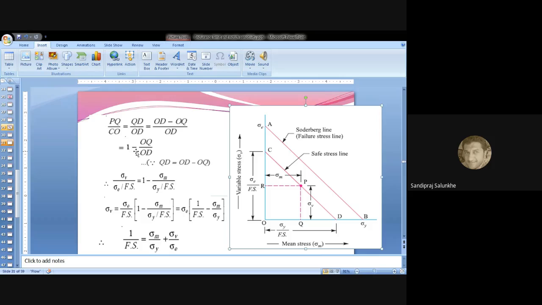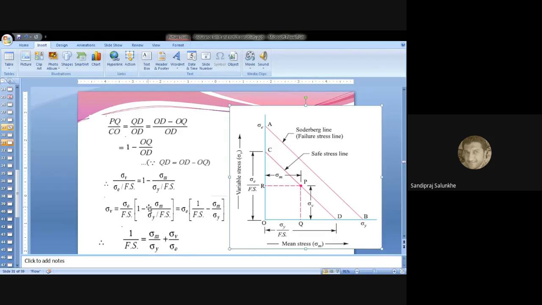So this equation will become 1 minus OQ divided by OD, because the OD gets cancelled when we divide by this denominator. So it will become 1 minus OQ divided by OD.